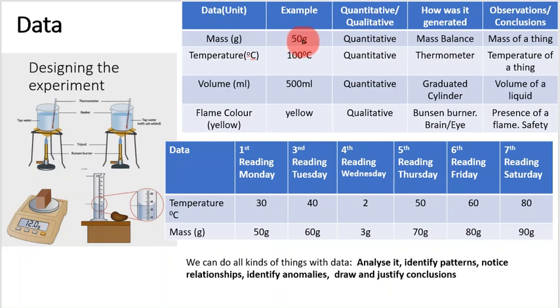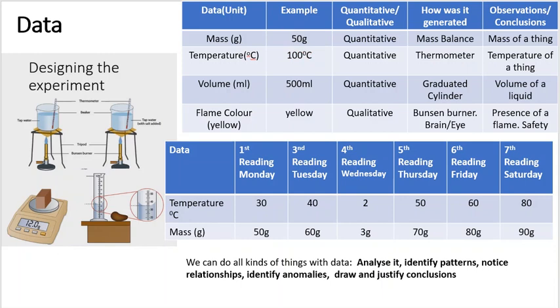For example, 50 grams is an example of quantity or quantitative data. How do we generate it? There are different ways of generating data. When we took the measurement of mass, we used an instrument called the mass balance to generate this piece of data that we used in our experiment.